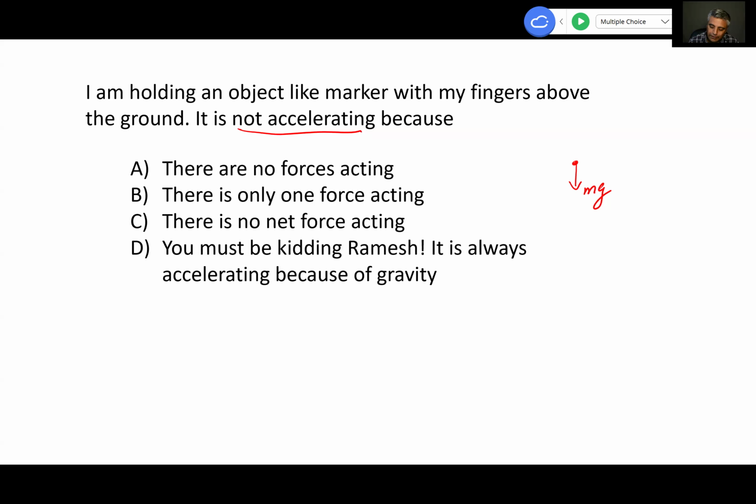And I'm applying some force to hold it, to counter the gravitational pull or counter the weight. How much force am I applying when I'm holding this versus holding this? If I know the weight of these, I'm applying exactly the same amount because I'm not letting it accelerate. So net force is 0.